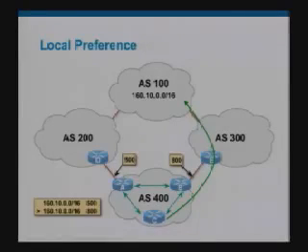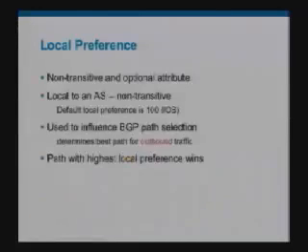If you can figure out how to set a local preference on your network, you're well on the way to being able to set up multi-homing and load balancing for your network itself. So remember, no matter what anybody else does, you can override that with local preference for that particular prefix. Okay, so that's the local preference attribute.